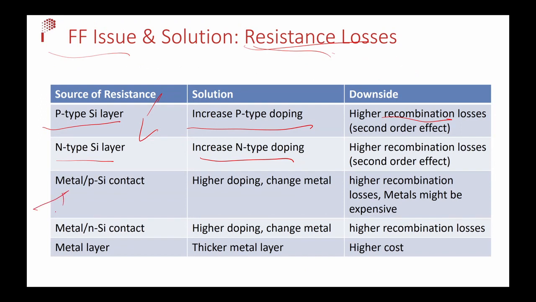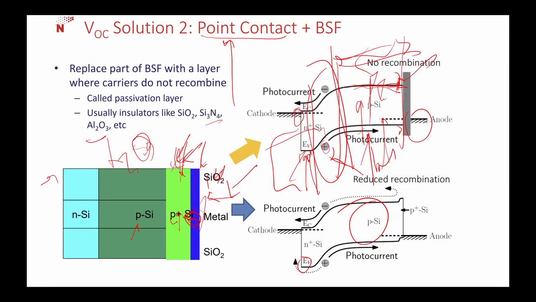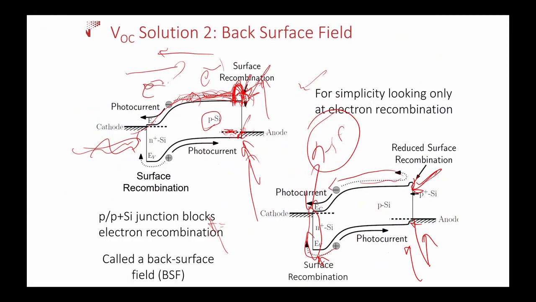Another thing is the metal and semiconductor contact. There is loss at the contact because of the Fermi level mismatch. You can increase the doping there also, but at this point, if you increase the doping, it will increase the recombination loss.